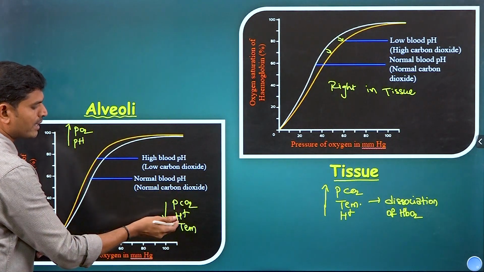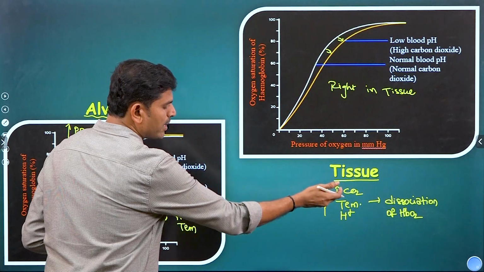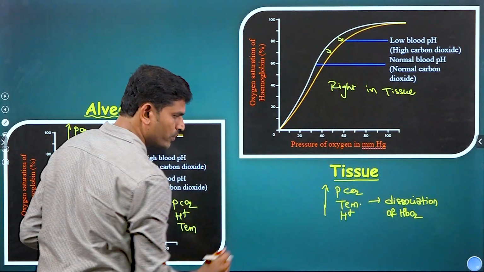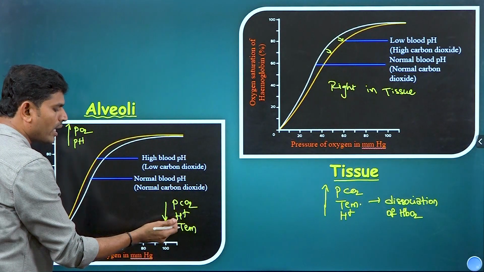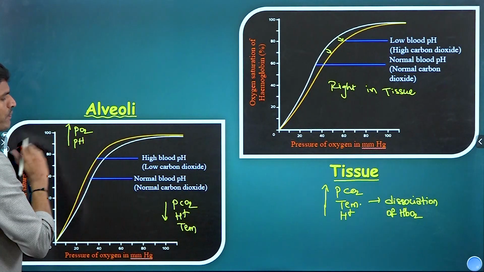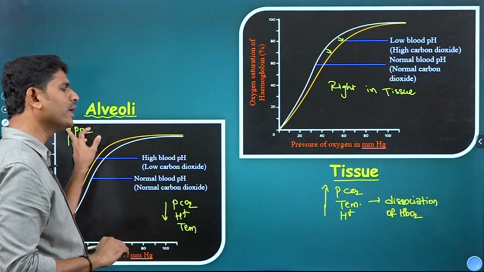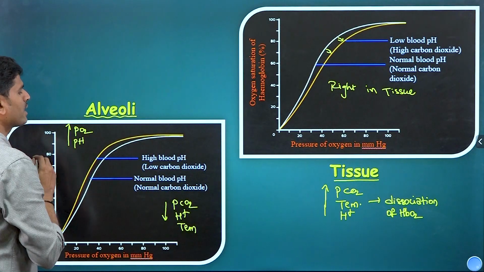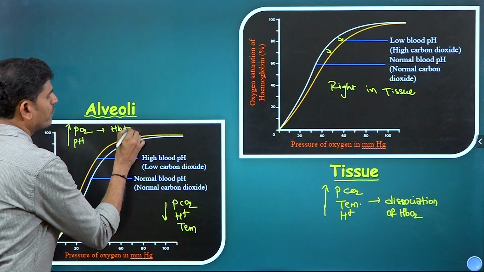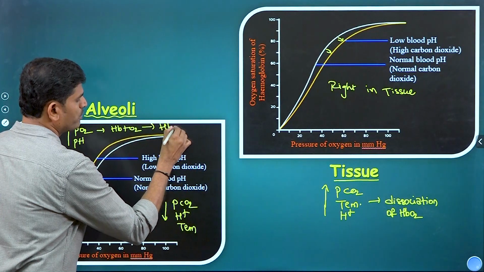So all these factors that are more at the tissues are less here. The same factors in tissues favor the dissociation of HbO2. Now these factors are less in quantity or concentration, and the opposite factors, which are less in tissues, are more in alveoli. So these factors will favor the association of HbO2.